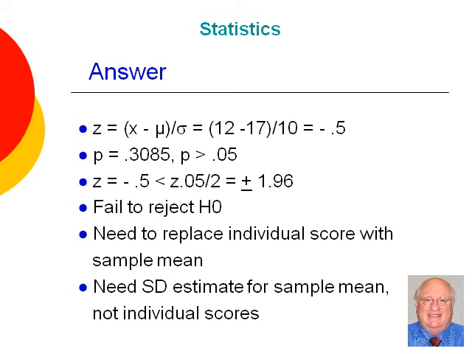The big reason we need to do that is that the standard deviation in the population of 10 is the average distance a single score can be expected to fall from the population mean. Rather, what we need to know is the average distance a group score or a sample mean will fall from the population mean. By turning to the next class, we will learn that the standard deviation for a sample mean is much smaller than for a single individual score.